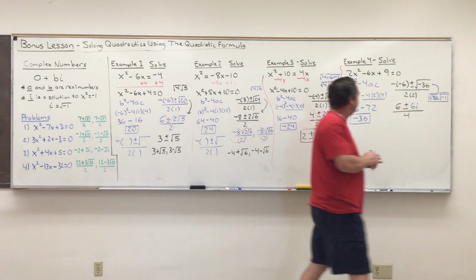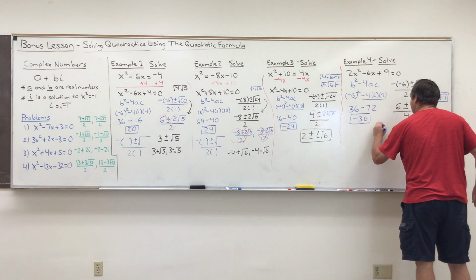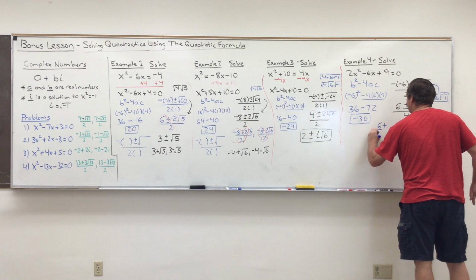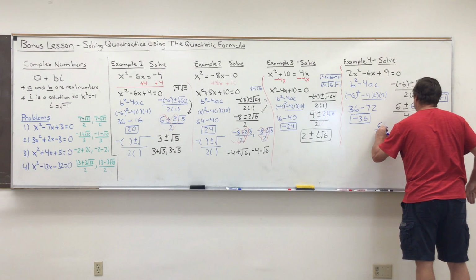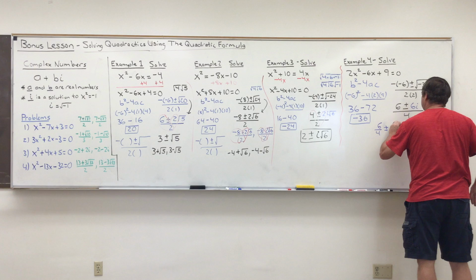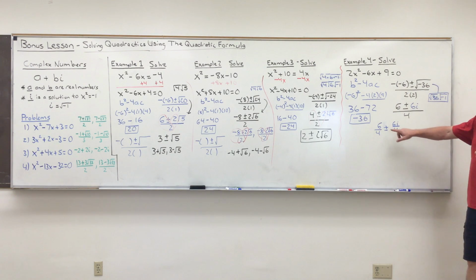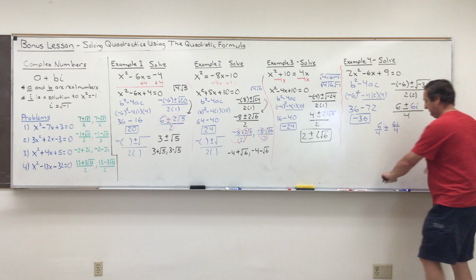Okay, now, we generally reduce here. And this is one of the reasons why sometimes we break it up. So watch what I'm going to do here. I'm going to go 6 over 4 plus or minus 6i over 4.